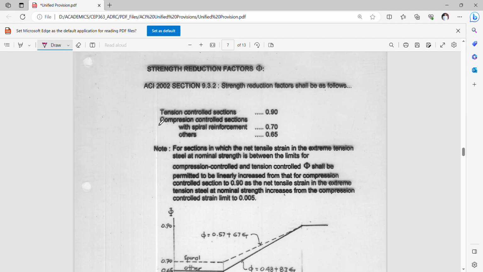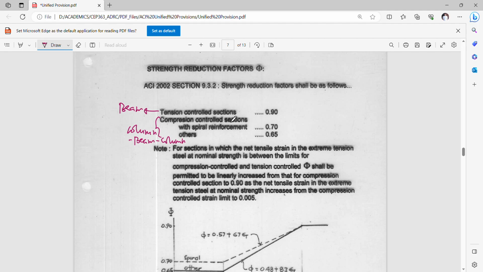So these are the column members, and these are the beam members.